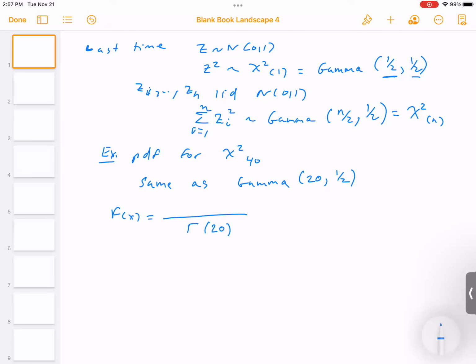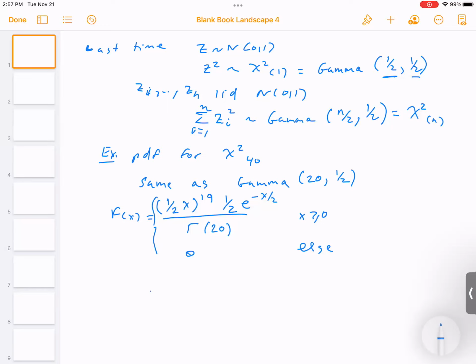Because it's integer. And up top, we have lambda x to the alpha minus 1, so to the 19th power, and then lambda e to the minus lambda x, e to the minus x over 2. Of course, this is only for positive x. If you want, you can include 0. Makes sense there. Right, so that's it.